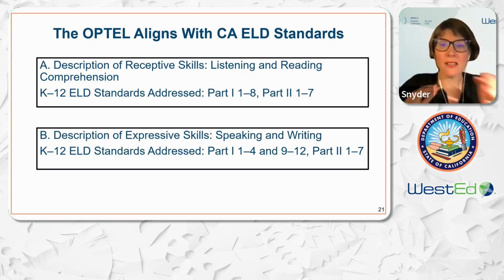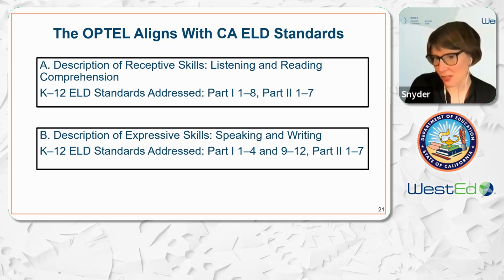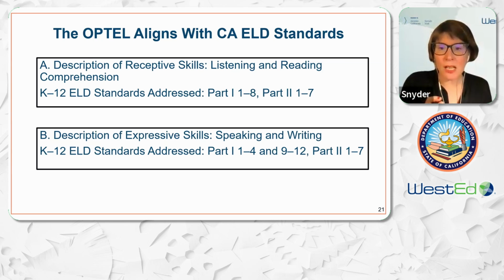So the OPTEL is designed for educators to determine and document a student's proficiency in English language expressive skills, that's speaking and writing, and receptive skills, that's listening and reading. And as indicated in this slide, the OPTEL actually makes explicit which ELD standards are addressed by each.